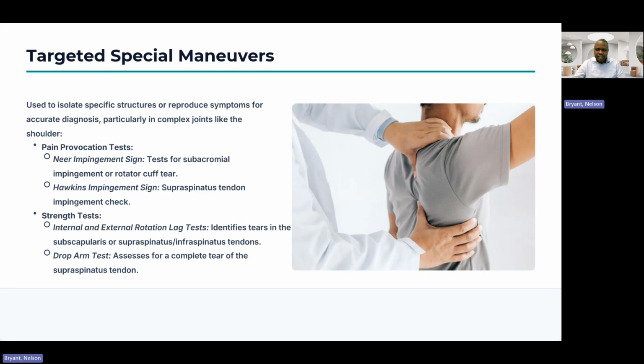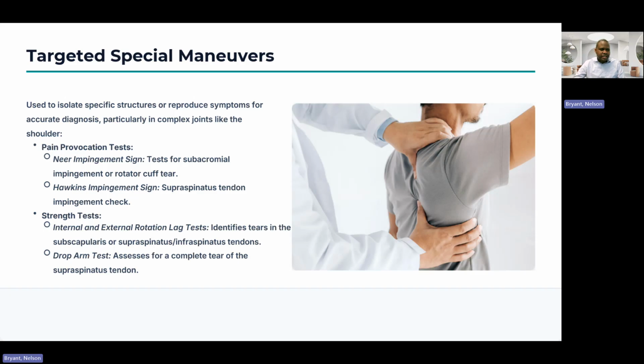So you have the patient raise their arm to 90 to 120 degrees, and then you ask them to lower the arm to their side. A positive test will indicate the inability to control the movement, resulting in the arm dropping or causing significant pain. That's why it's called the drop arm test.